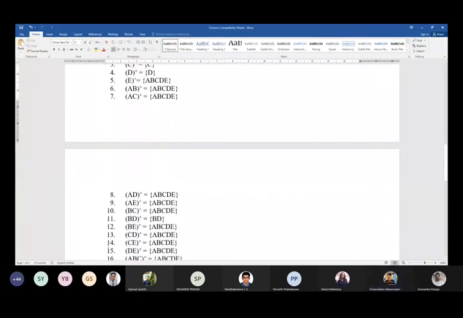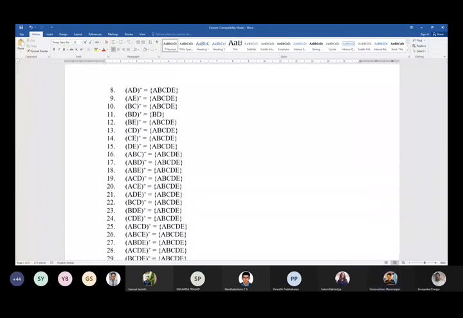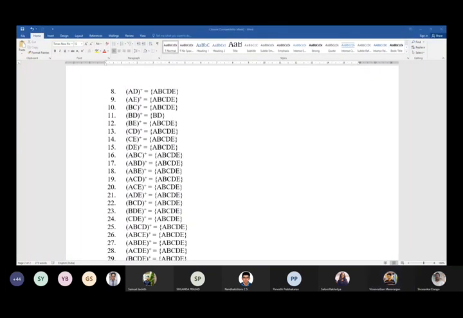Yeah, you are correct, Subramaniam. Right. So we have computed the closure for all the elements in the relation, right?